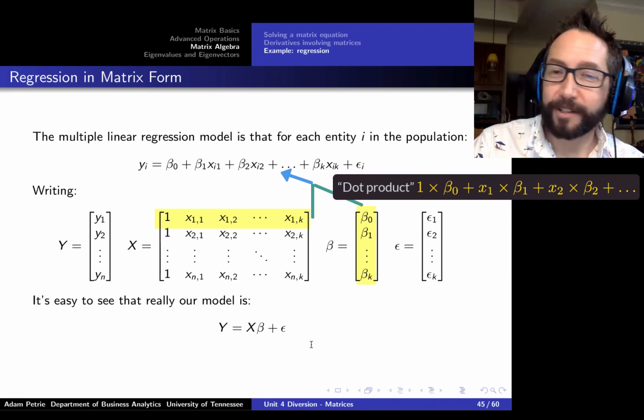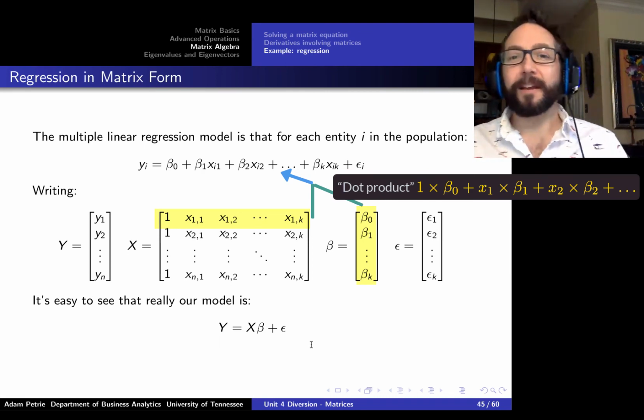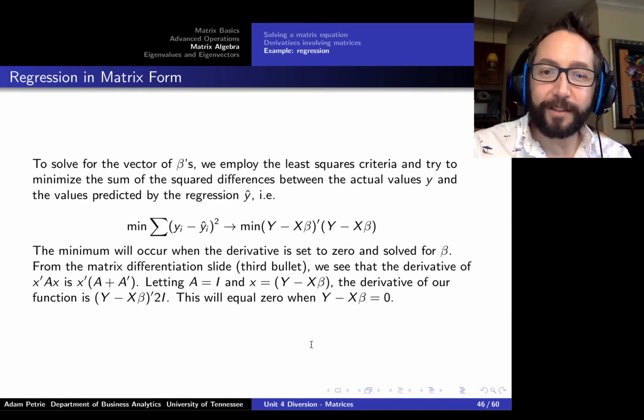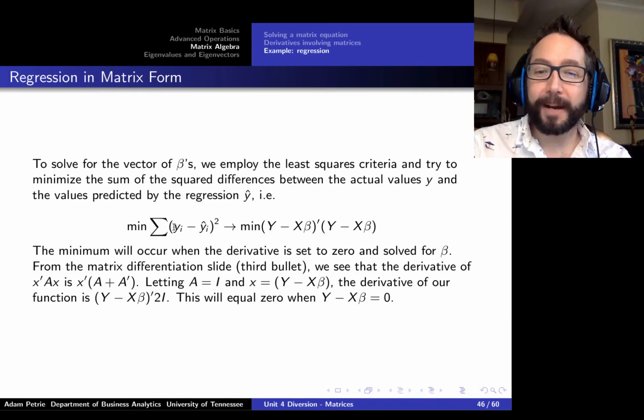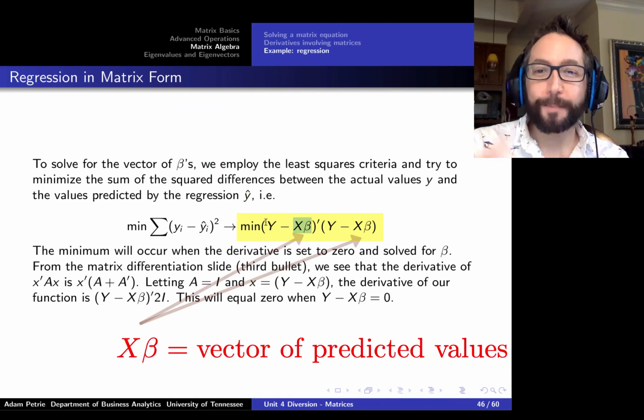And okay, if we wanted to solve this equation, basically figure out what the betas should be in order to minimize the sum of the squared errors, well, we can do that. It turns out that if we wanted to minimize the actual values of y minus the predicted values of y from the regression squared, that would correspond to minimizing the result of taking this matrix product: the actual values of y minus the predicted values of y, transposed, multiplied by itself.